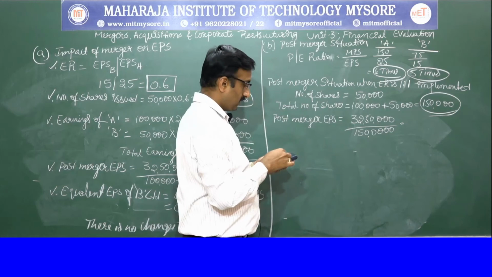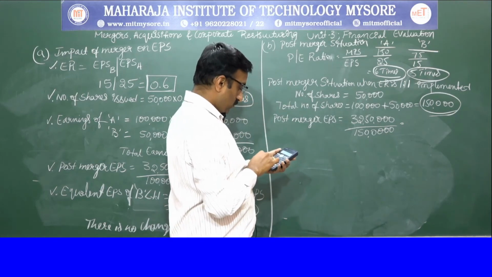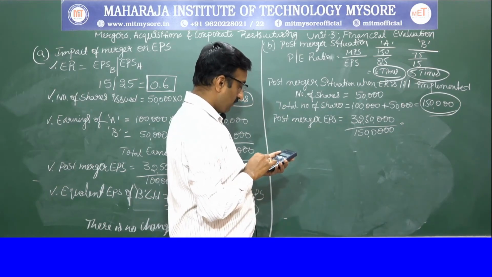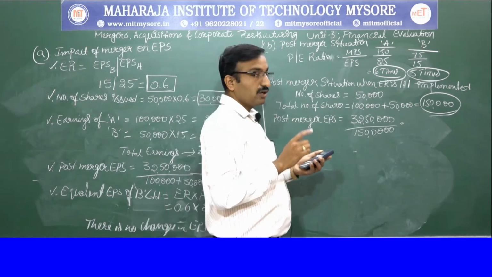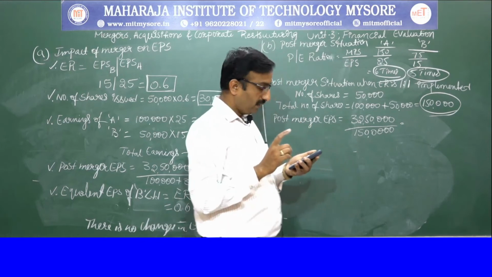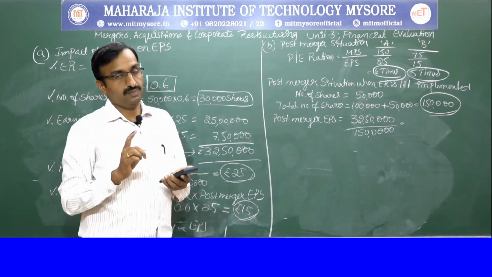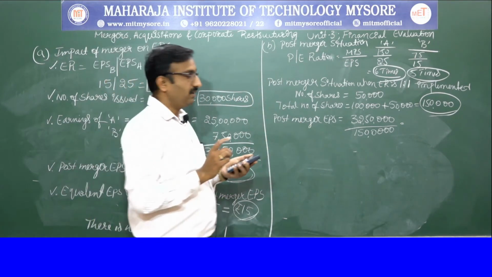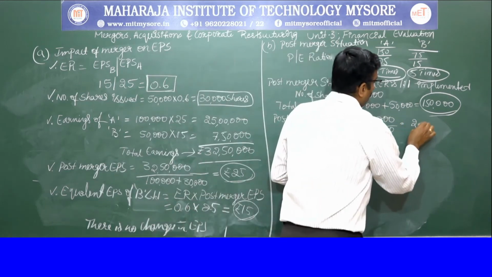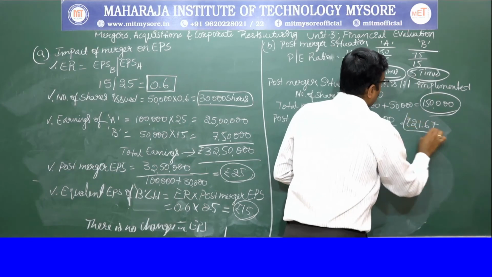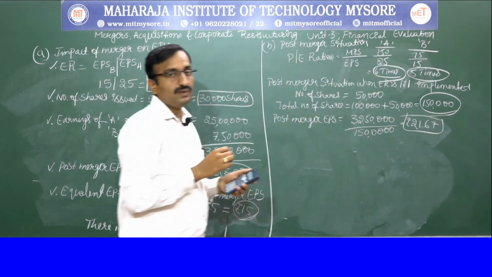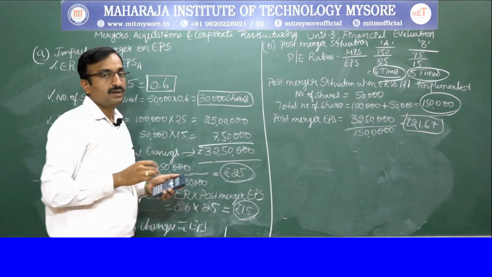So 32,50,000 divided by 1,50,000 gives 21.67 rupees.